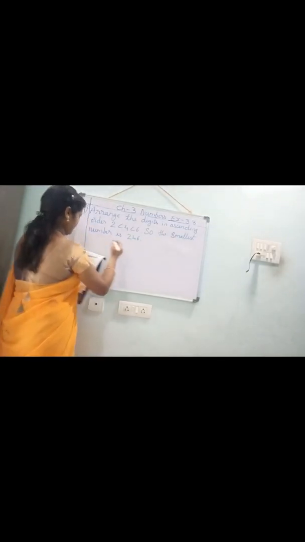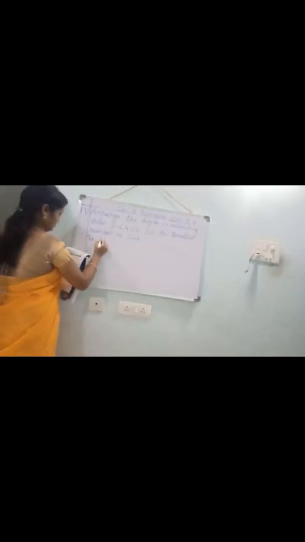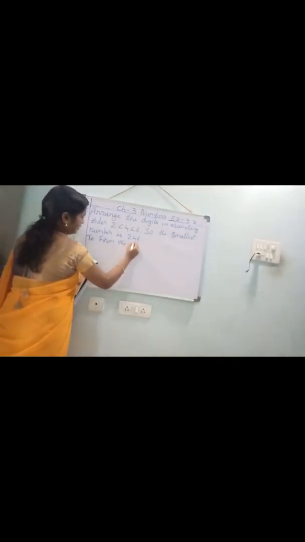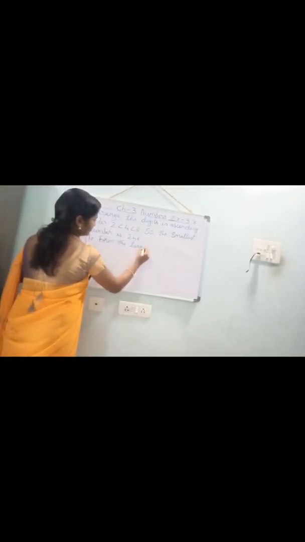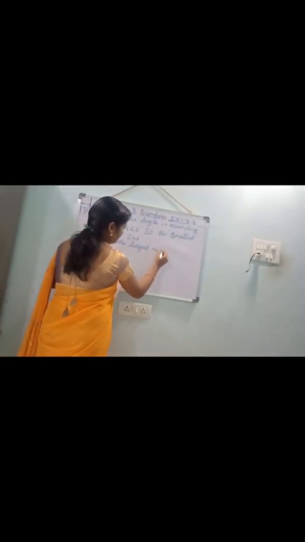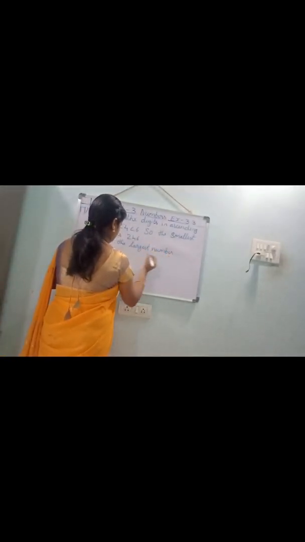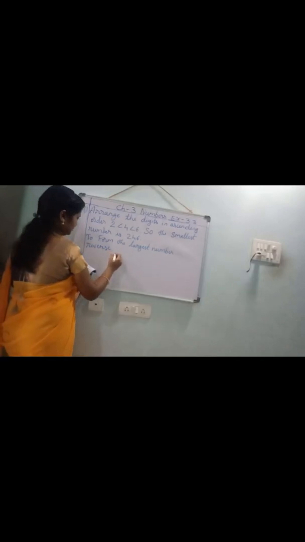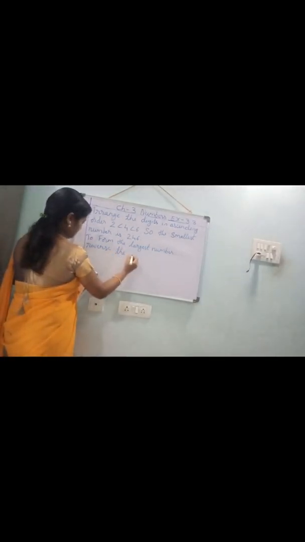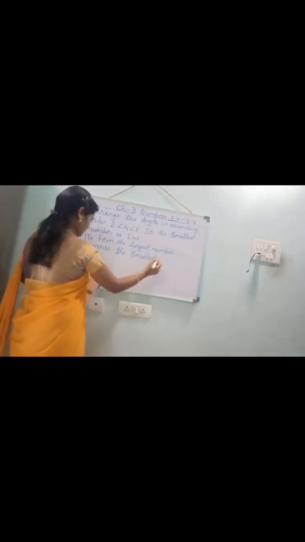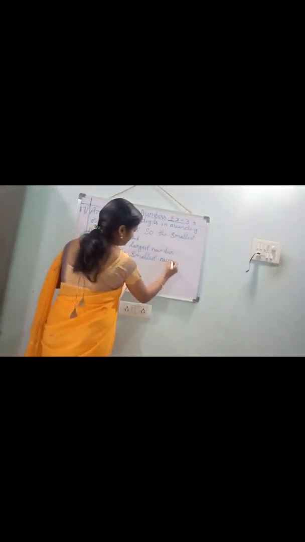Yes. To form the largest number, reverse what you wrote for the smallest. In the smallest number, if you reverse it, which number will come? The large number will come.